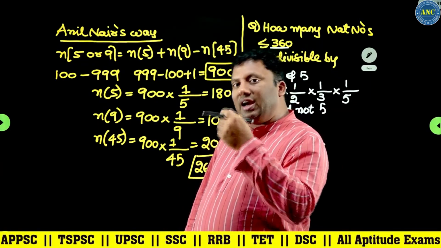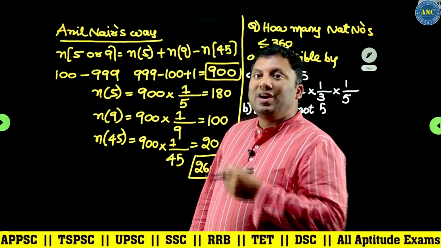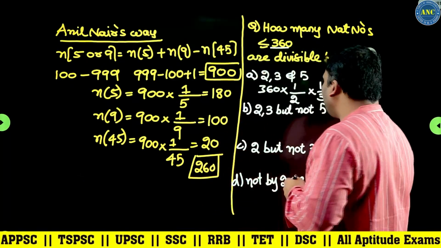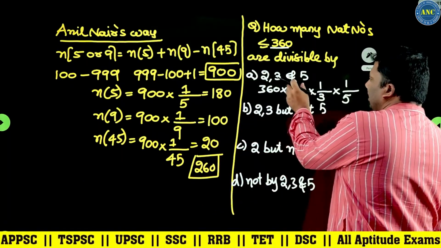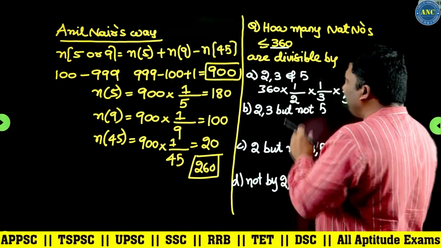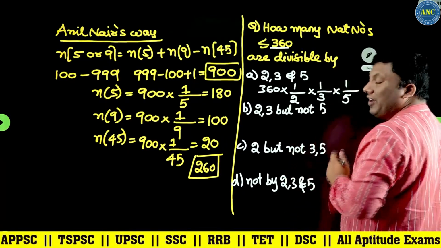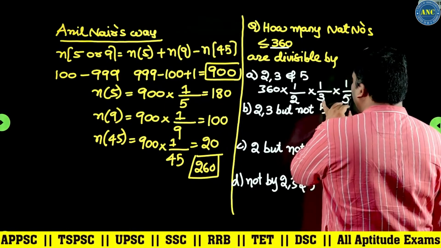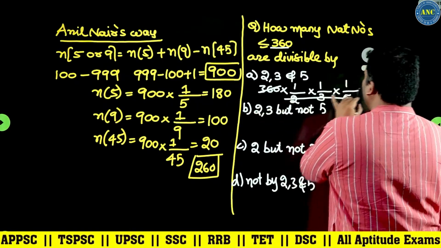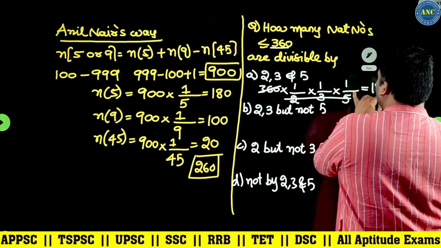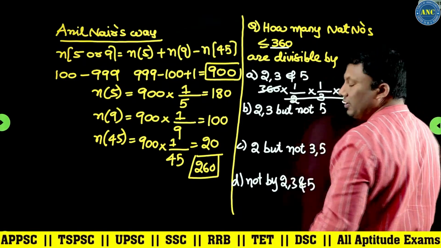Take 100, 101, 102, 102 is divisible. For every 5 consecutive, one number will be divisible. 6 5s are 30, 30 12s are 360. The answer for this question is 12.